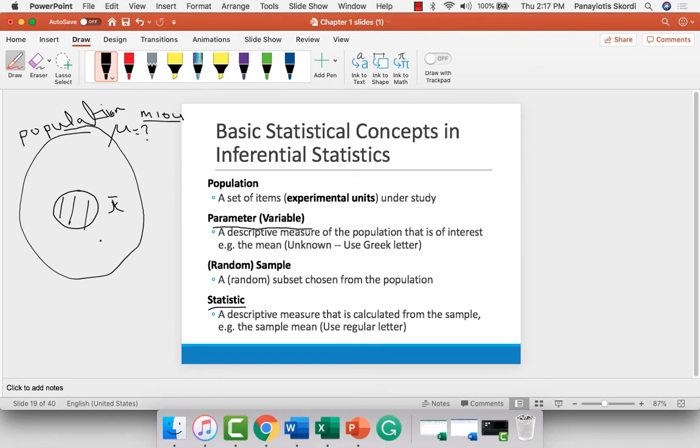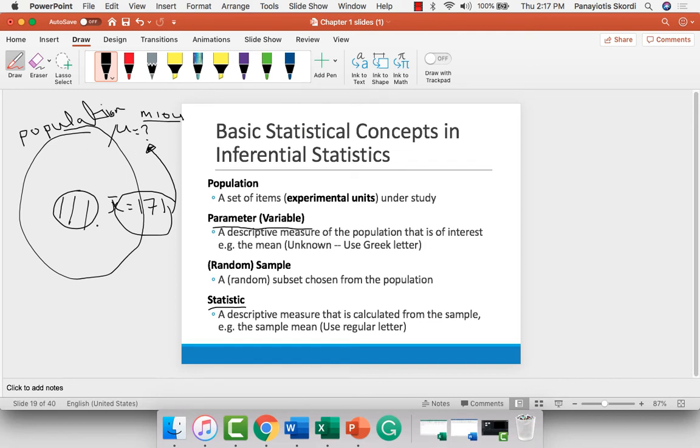So if we carry on with this exercise and say the average height of my sample is, for example, 171 centimeters, I can use that as an estimate of the population figure. And that is exactly what inferential statistics is. This is the actual figure that I want, the population figure.